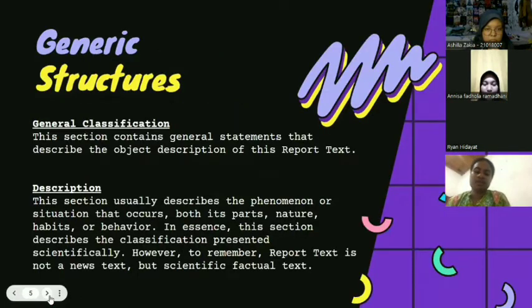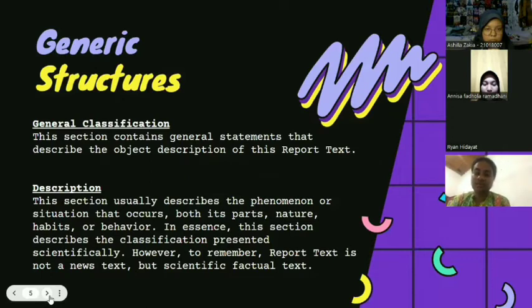I will explain about the generic structure of report text. The generic structure of report text has two parts: general classification and description. First, general classification. This section contains general statements that describe the object of this report text.